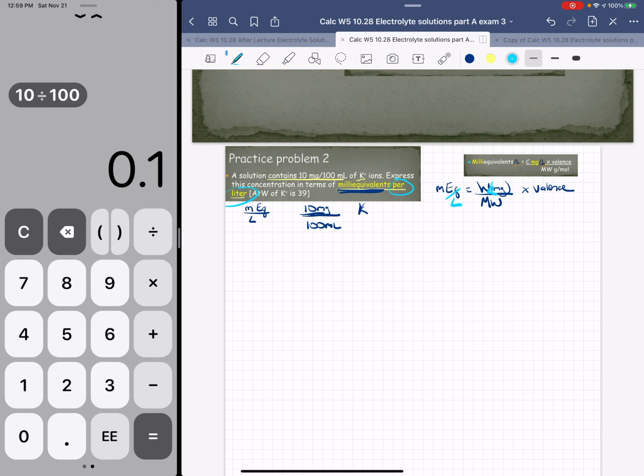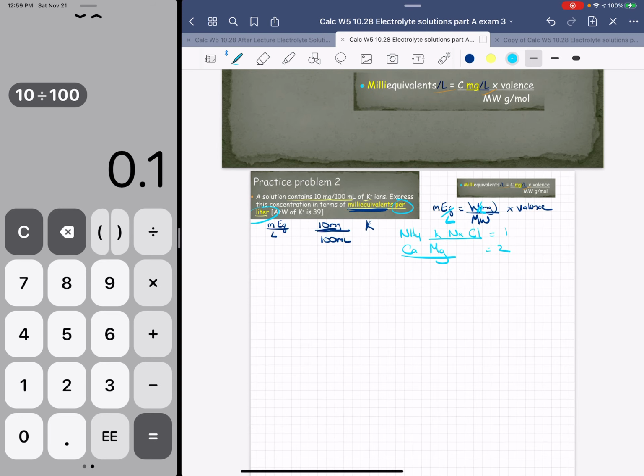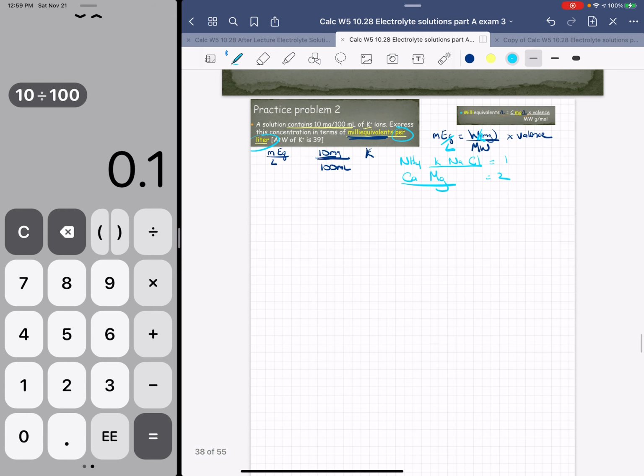Anyhow, the valences, just because I need to remember my valences, I write this down every time. NH4, potassium, sodium, and chloride are all equal to a valence of 1, whereas calcium and magnesium have a valence of 2. Again, these ones will be found on your first column on the periodic table, and these ones will be found on your second column if you need help remembering that.